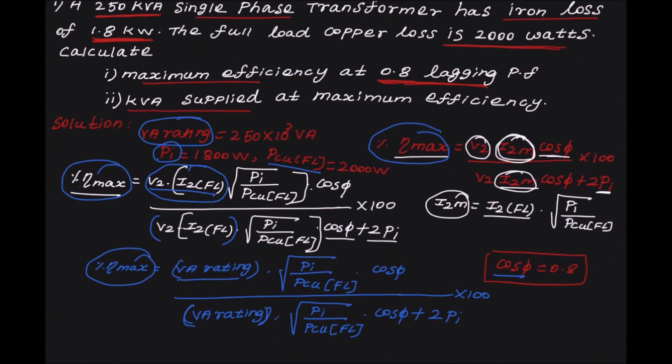So for the given data, the suitable equation is: percentage maximum efficiency equal to VA rating into root of Pi divided by P copper full load into cos phi, divided by VA rating into root of Pi divided by P copper full load into cos phi plus 2 Pi. So based on the data, we have to choose any one of these formulas.